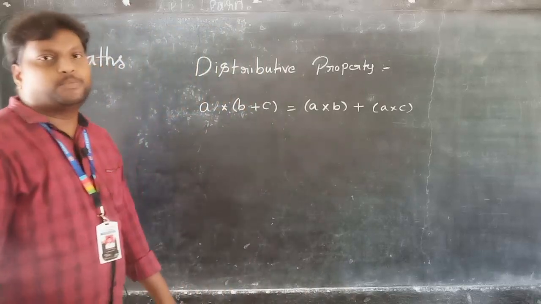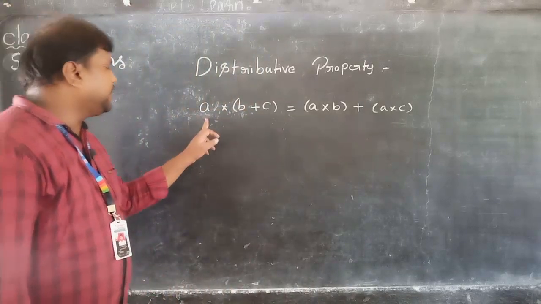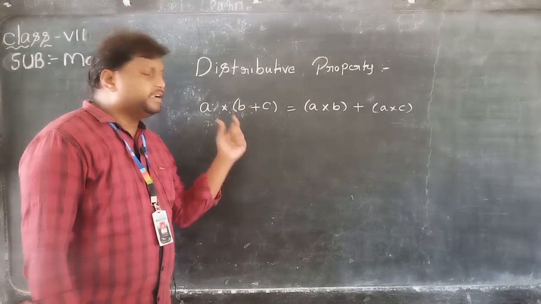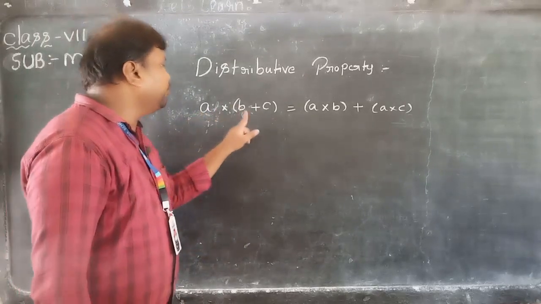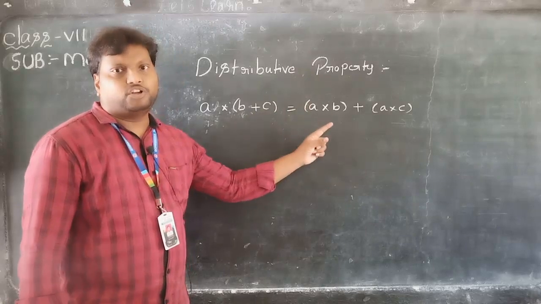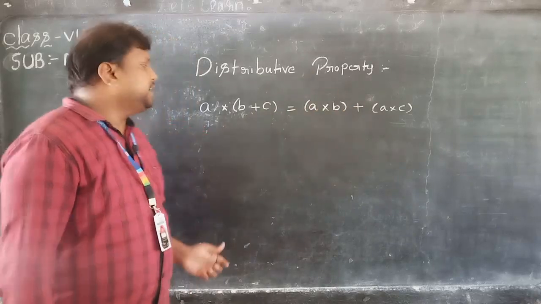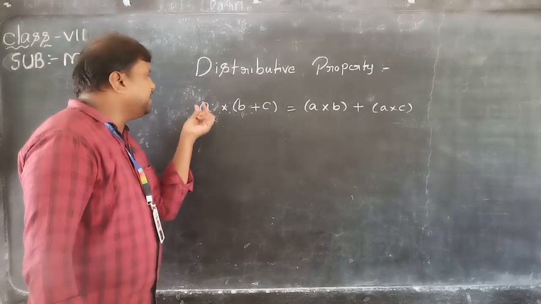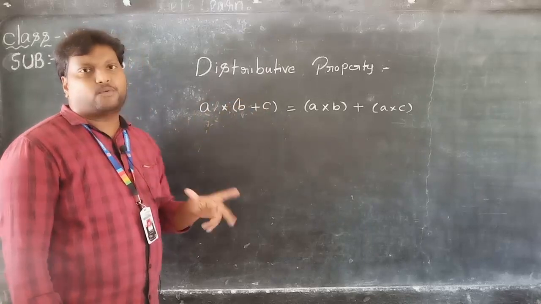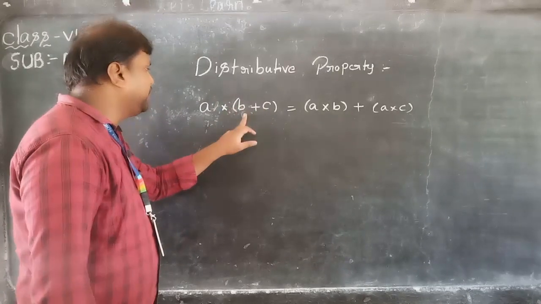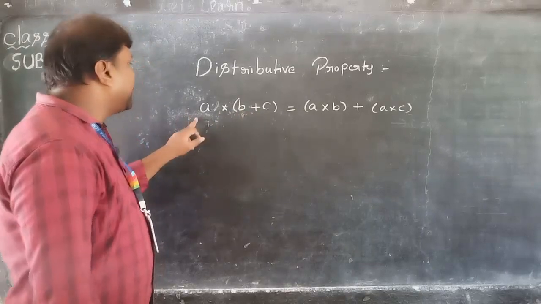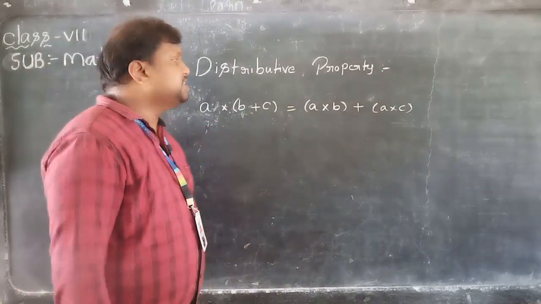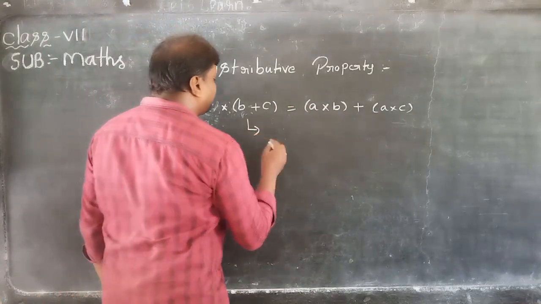Here a is multiplying with b and c equally. That's why first a into b, then the symbol plus, meaning addition, then again a into c. This is the distributive property.